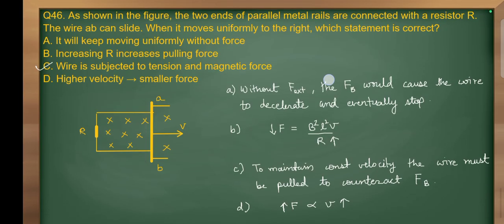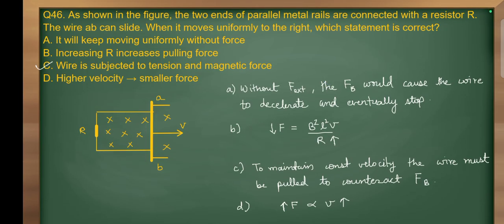As shown in the figure, two ends of the parallel metal rails are connected with the resistor R. The wire AB can slide. When it moves uniformly to the right, which statement is correct. It keeps moving uniformly without force.